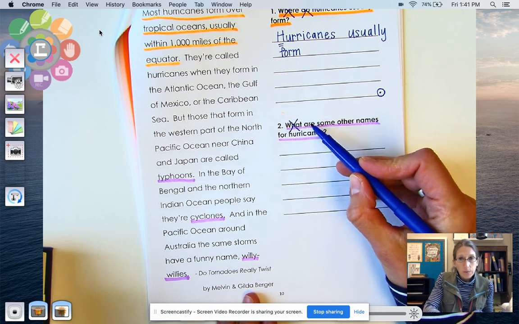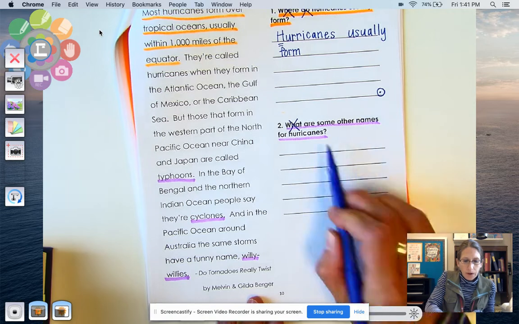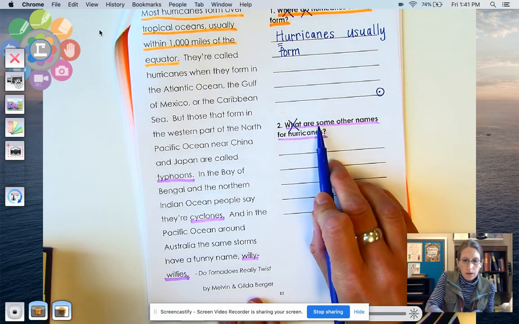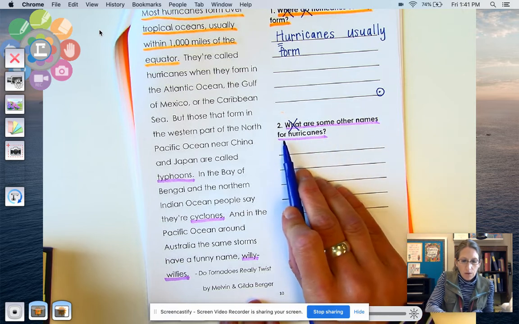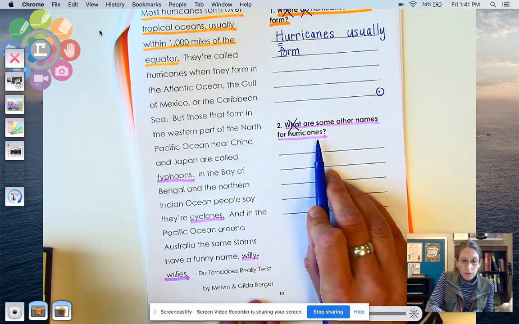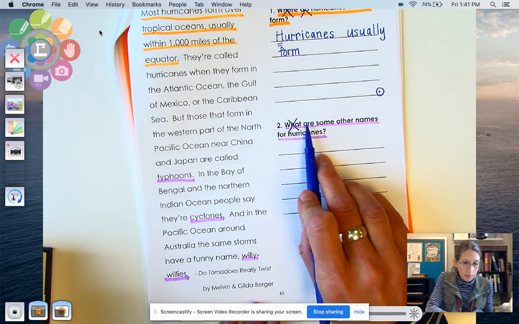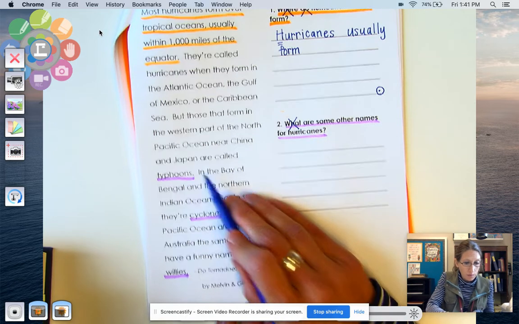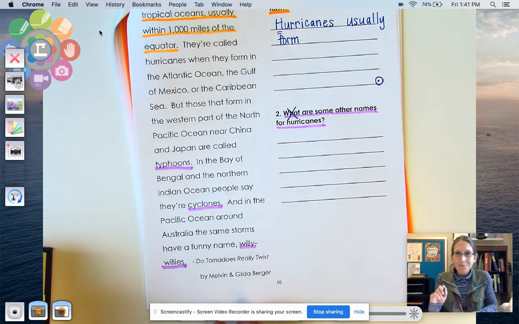Well, we probably won't start with this word, are, because that still sounds like a question. But can we start with this word? Some other names for hurricanes, we can fit that word in there, are typhoons, cyclones, and Willy Willies.